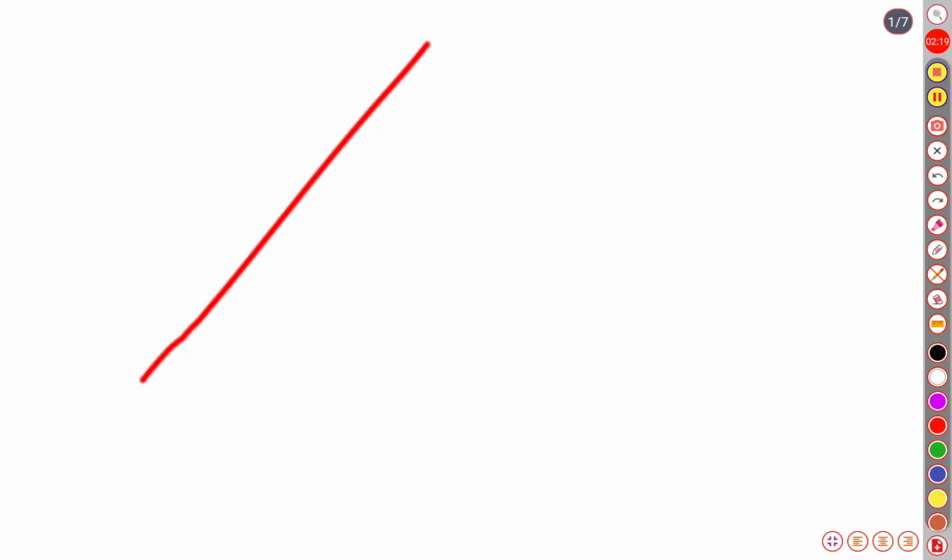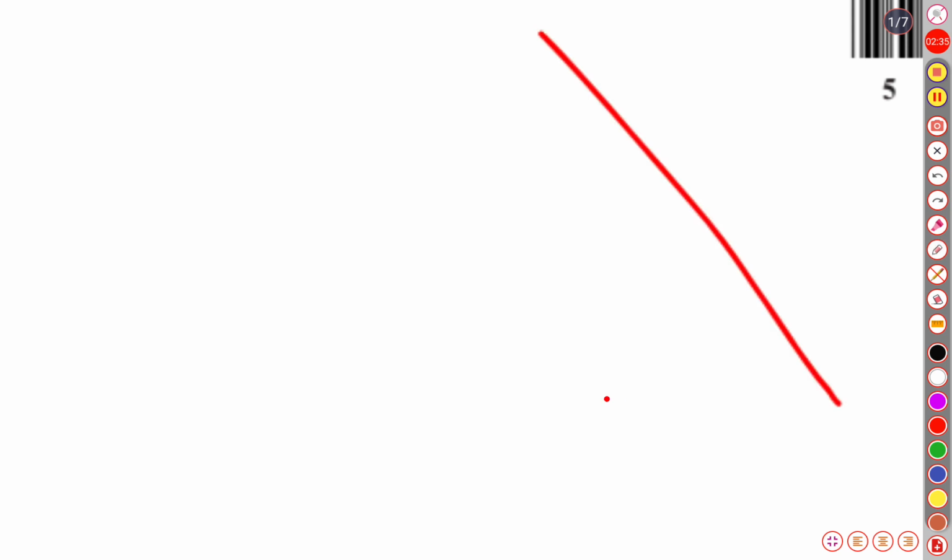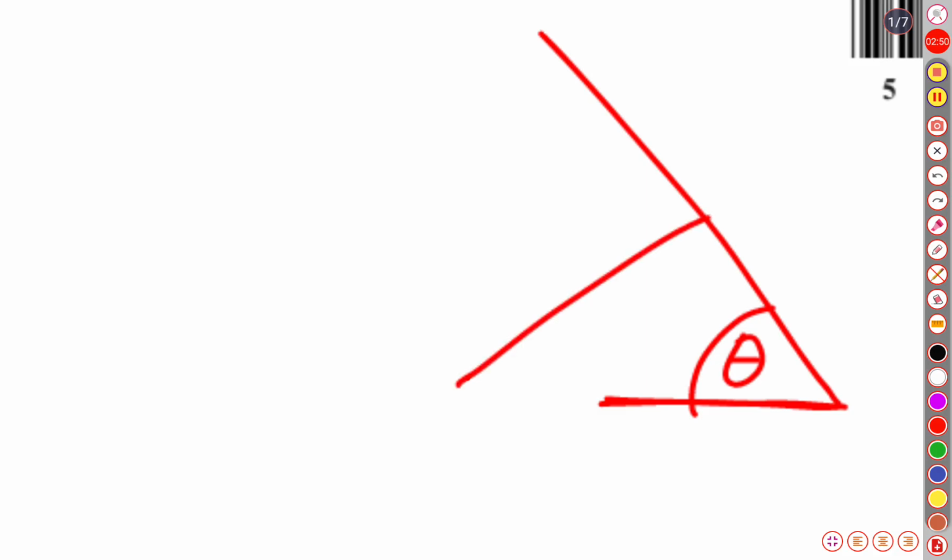Our diagram will be as both the van and trailer are coming down, so they will move down like this. Suppose this is the hill. In this hill, the angle between the horizontal ground and the hill is theta. This is the normal reaction acting on the particles, and this is weight acting downward.